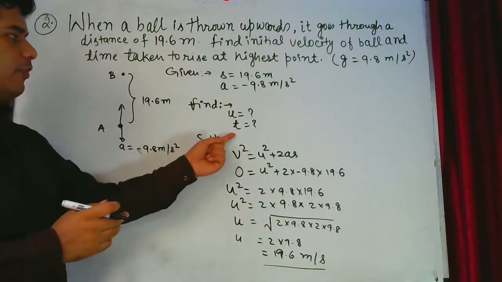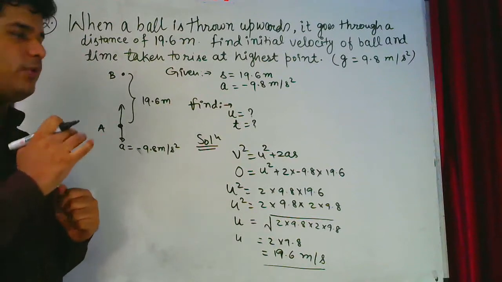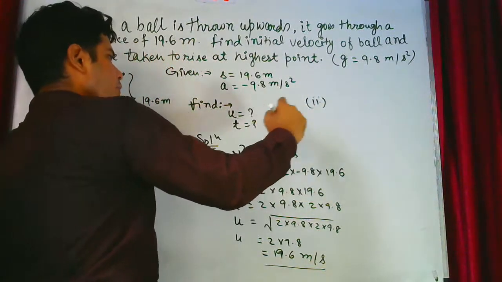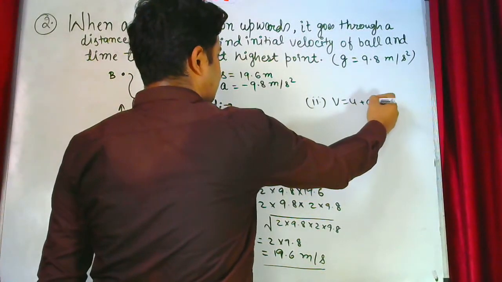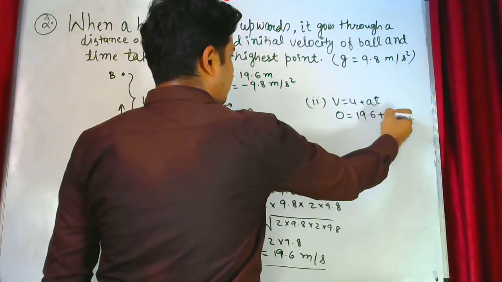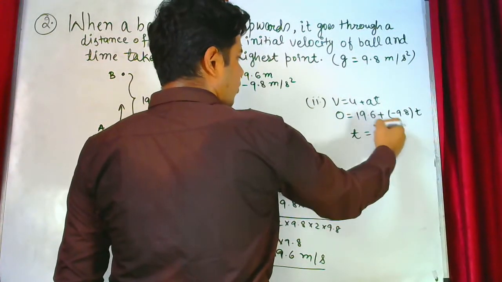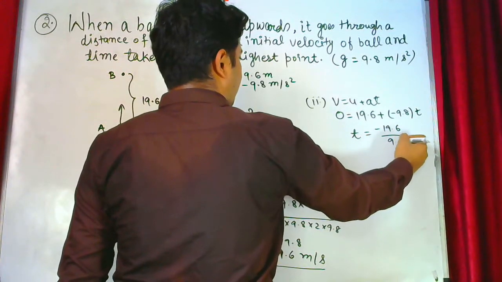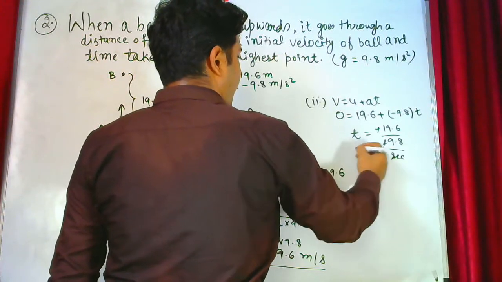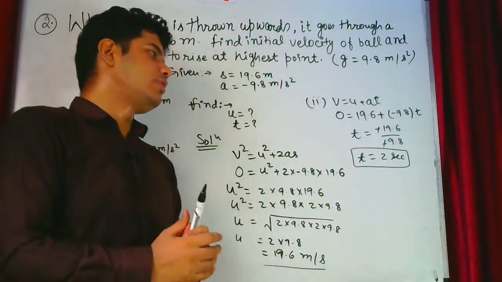The second thing is to find the time. We know that at the highest point its velocity, or speed, will be 0. We will use the first equation of motion, v equals u plus at, where the final velocity becomes 0. The initial velocity I know is 19.6, plus acceleration minus 9.8 times t. So t becomes minus 19.6 upon minus 9.8, which means the time taken will be 2 seconds.